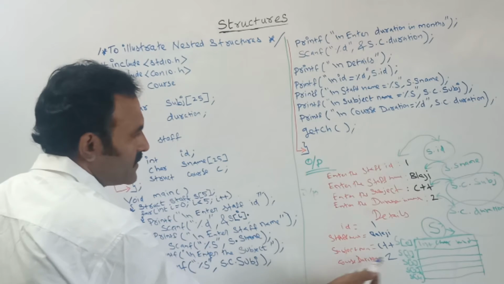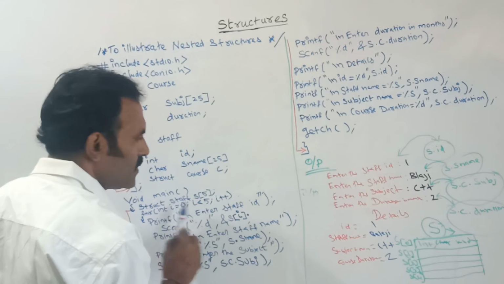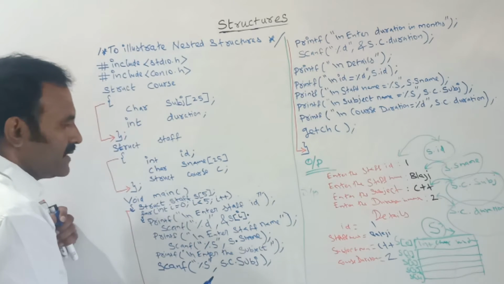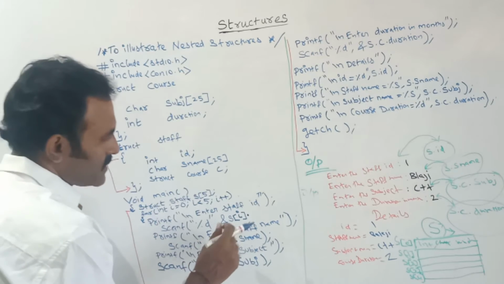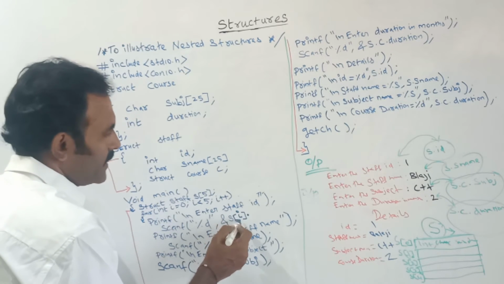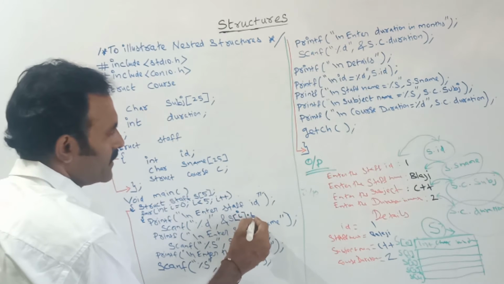If the iteration value is 0, the first record will be stored. When i is equal to 1, the second record, and like that 5 records can be stored. Next, ampersand s of i dot, here I am going to give the ID.